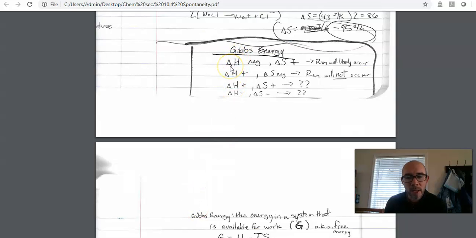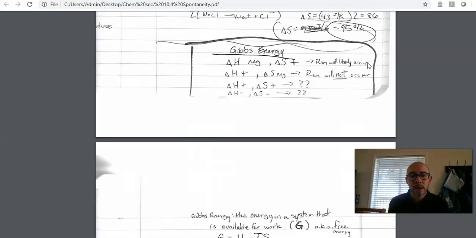So I've got here that if in Gibbs Energy's equation, if delta H is negative and delta S is positive, the reaction is likely to occur. The only other factor is at which temperature that you're doing the thing. And pretty much you'd have to do it at a really, really low temperature. You have to be like close to 0 Kelvin for this reaction not to be likely to occur.